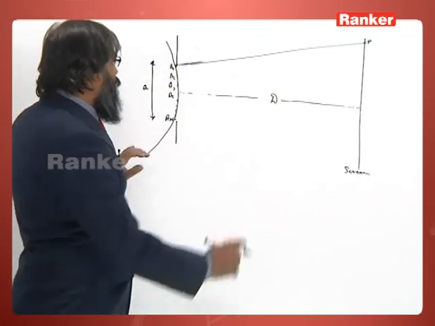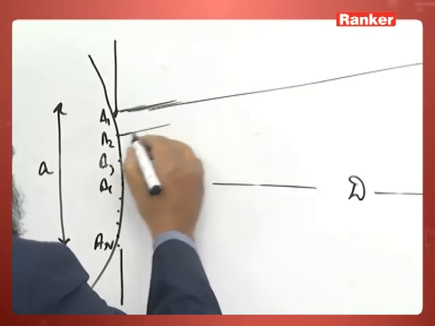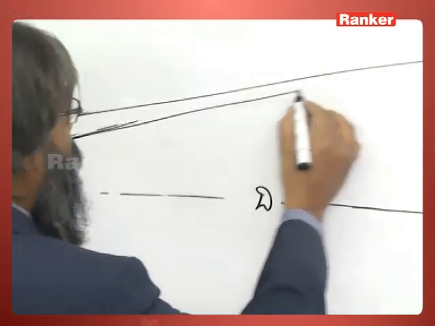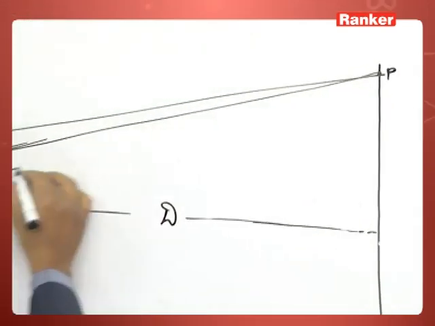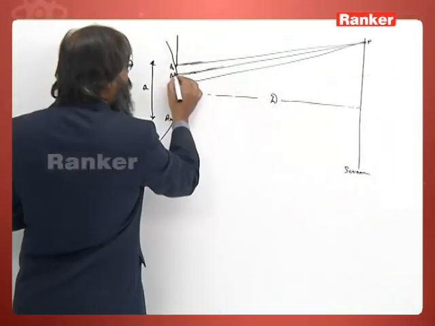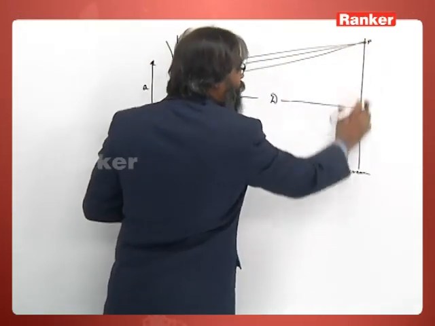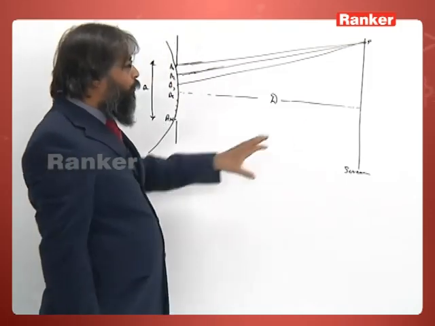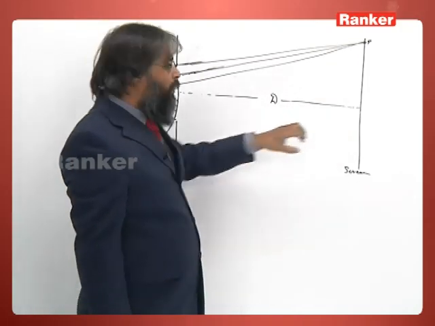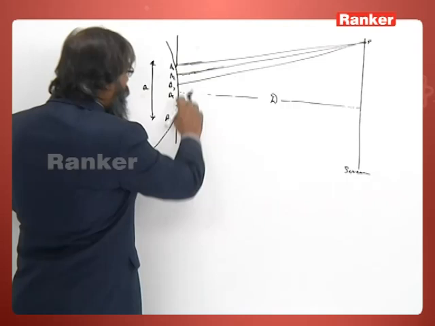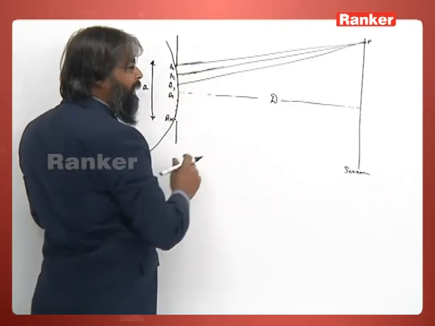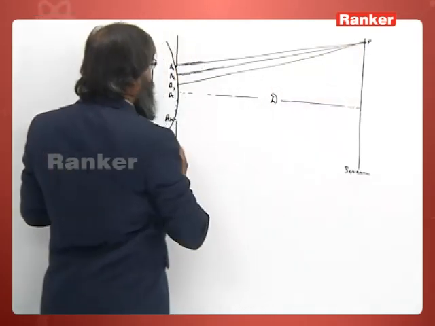These many points serve as secondary sources. They emanate wavelets, and wavelets from all these sources superimpose and interfere here to form the pattern. The contribution from all these n sources has to be taken, and that will decide the intensity at P.